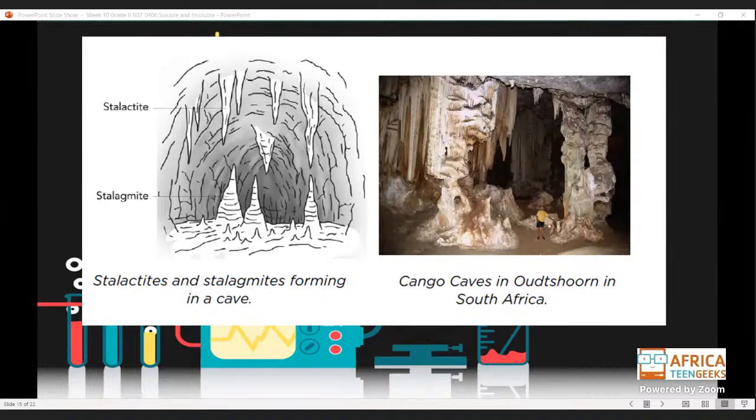So to bring it down to a simple explanation, any material that is soluble and can be deposited, or is in suspension, or is capable of being melted may form a stalactite.